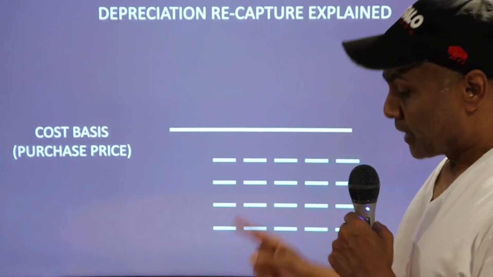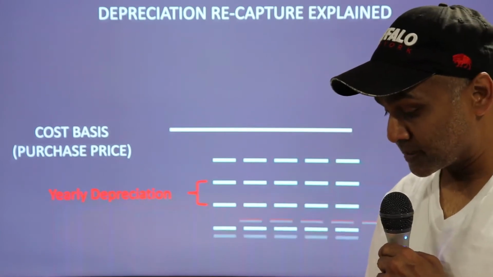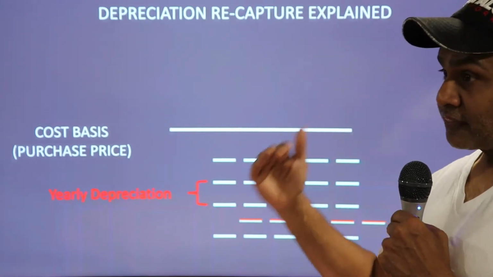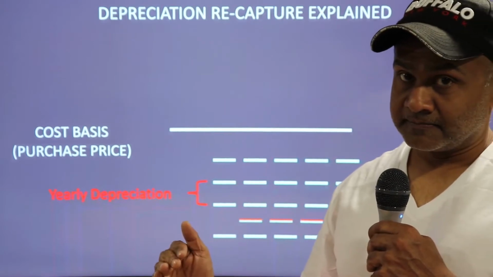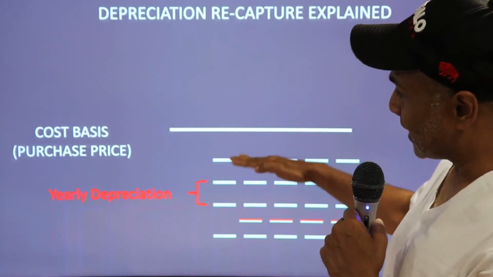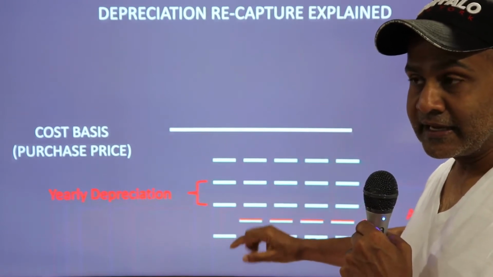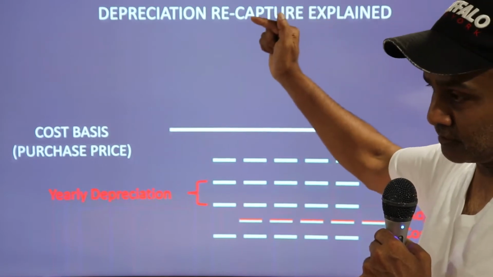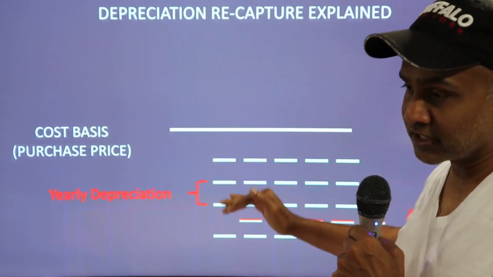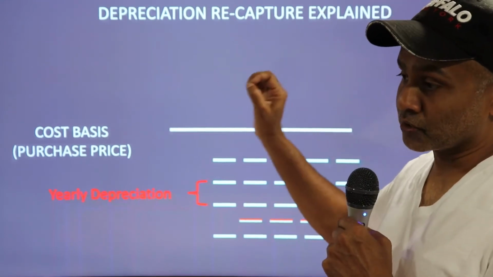Now, that's your yearly depreciation. What happens at the time of sale is the IRS is going to calculate where your adjusted cost basis is in relation to your sale price.